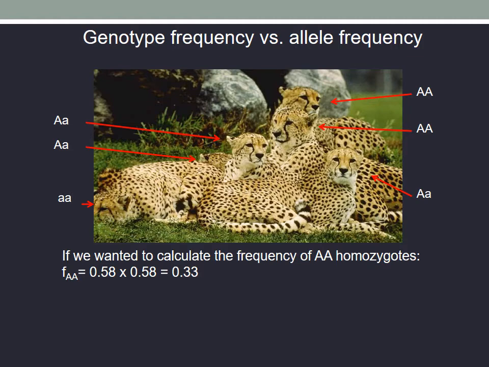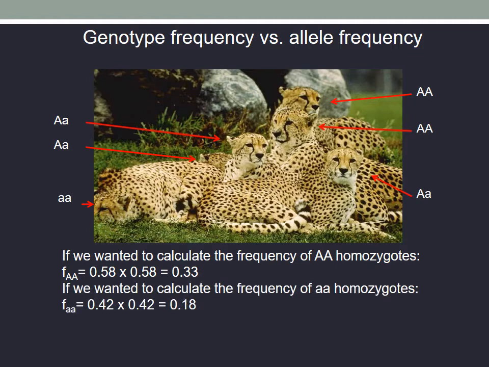And that gives us 0.33. If you want to follow along with your calculator, you can do the math. So we can then calculate the frequency of the homozygous recessive genotype. That 0.42 times 0.42 is 0.18. Now, hopefully you're thinking, wait a minute now, we still need to calculate one other one. What about the heterozygote? And that's true.